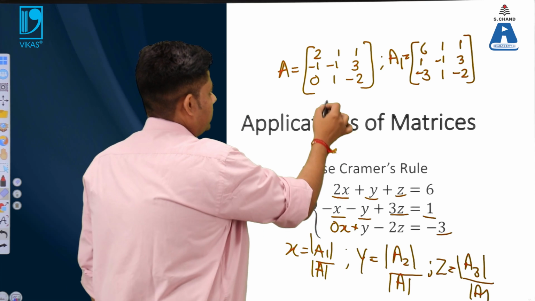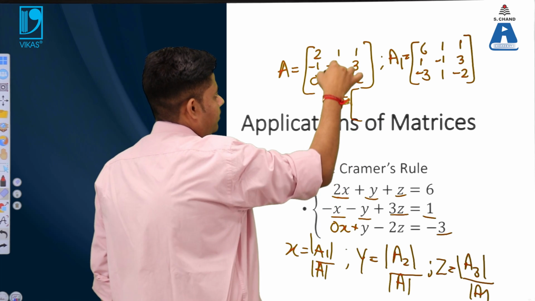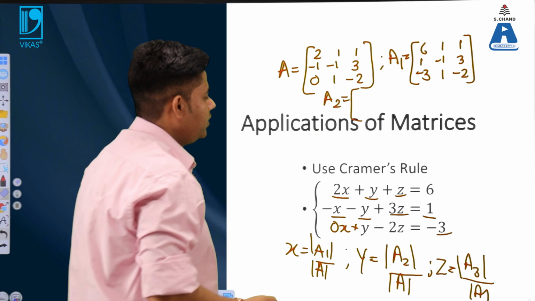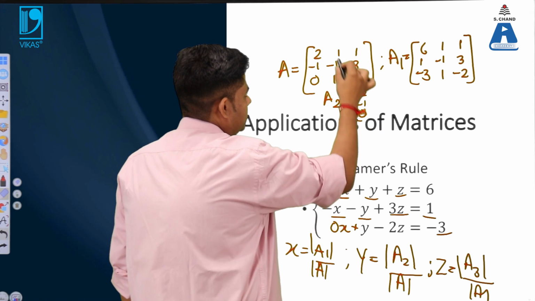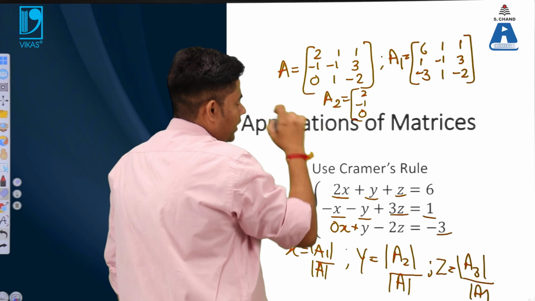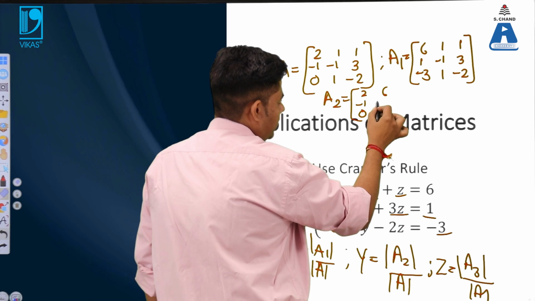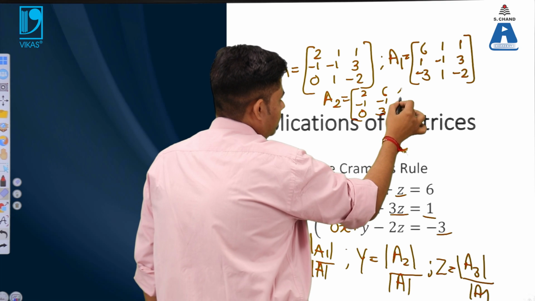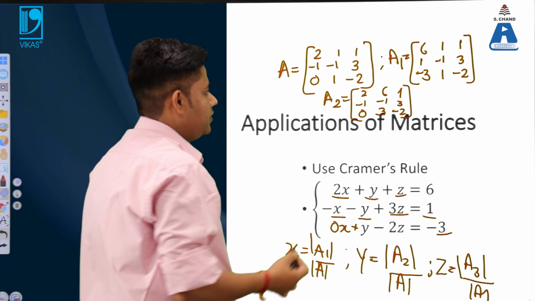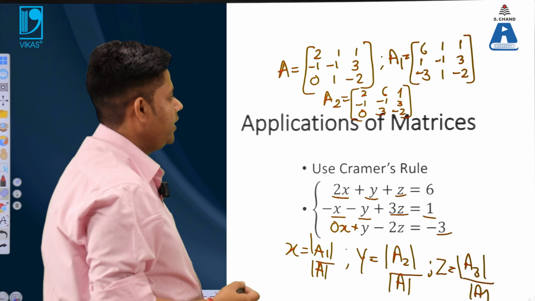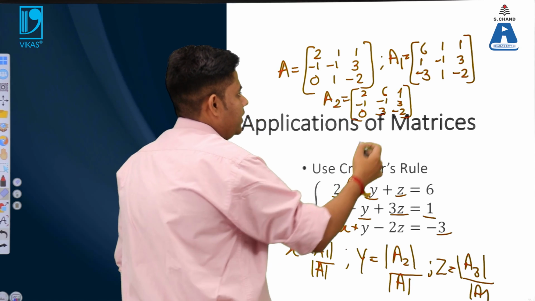For the A2 matrix, the second column is to be replaced and all the other elements are the same. That means 2, minus 1, and 0. The second column is to be replaced by these elements, which are 6, 1, and minus 3, and the last column is 1, 3, and minus 2. This is for the A2 part, wherein the second column is to be replaced.